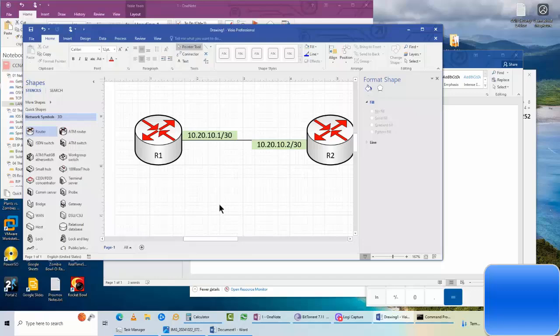10.20.10.0 is the network number. Where's my text? All right, so our network number is 10.20.10.0/30.